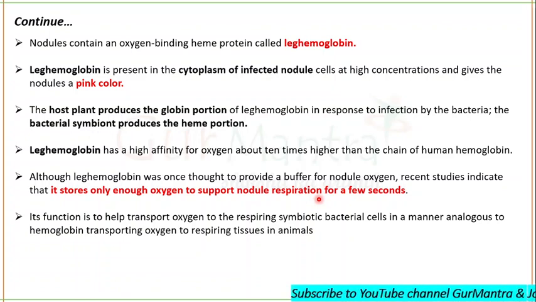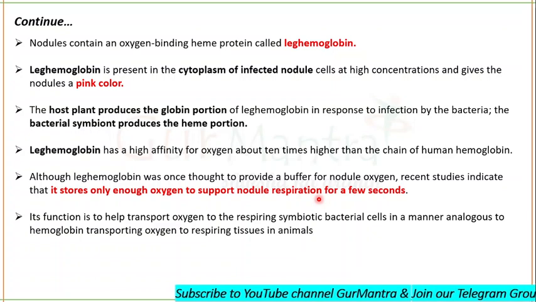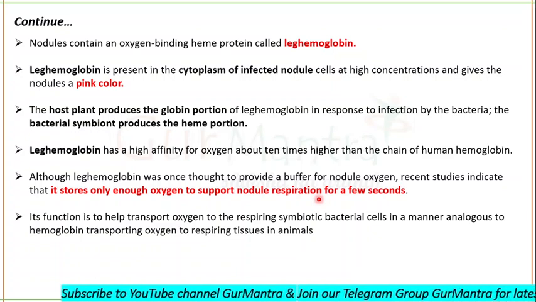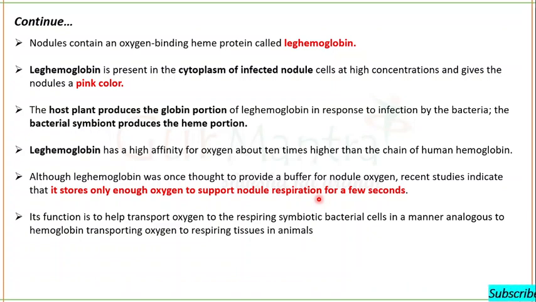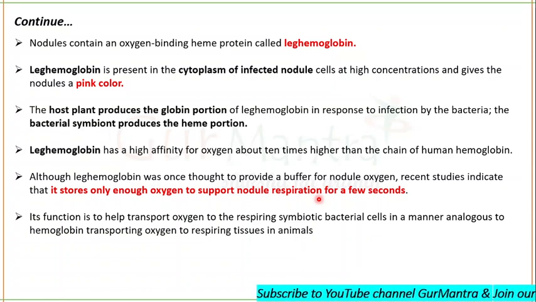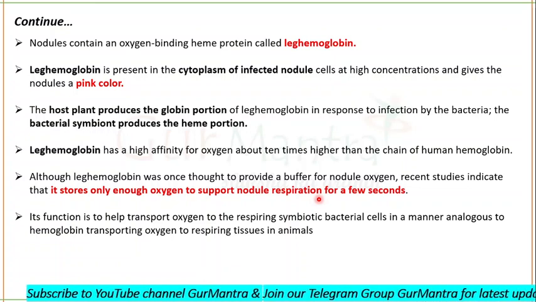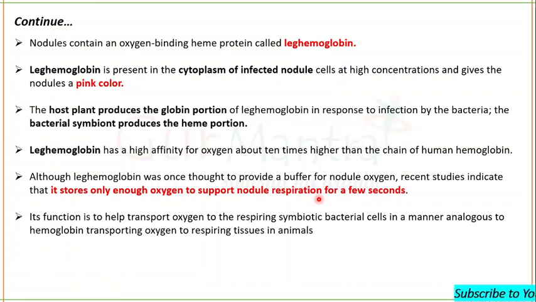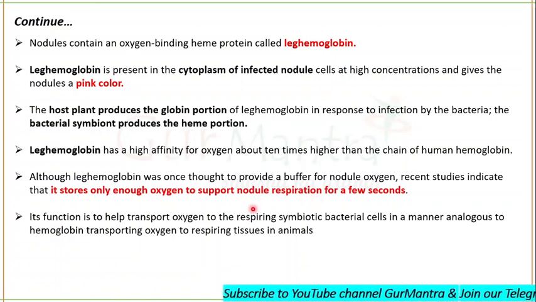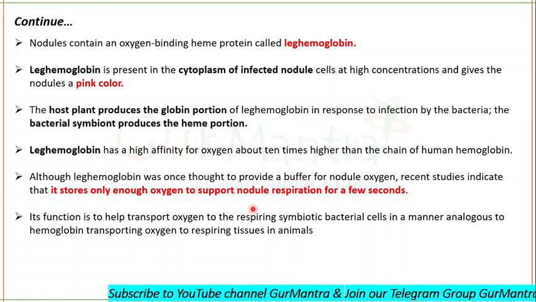The oxygen concentration should be so low that it won't be able to inactivate our nitrogenase enzyme, but there should be a small amount available for nodule respiration. Clear? And leghemoglobin is going to perform both functions.